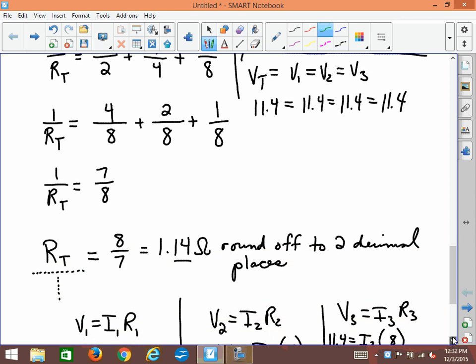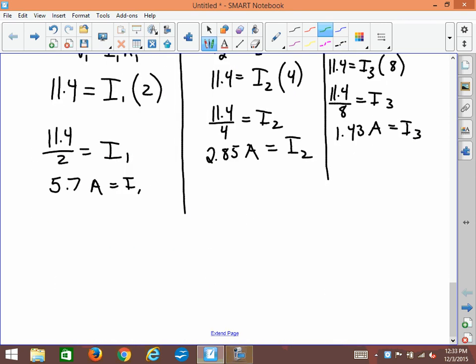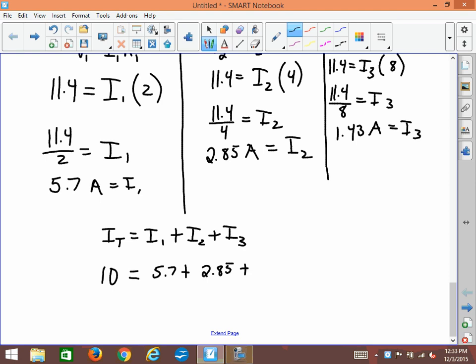Kirchhoff's law says the total current should be the sum of the three currents, and we know that it's 10. We have an I1 of 5.7, and then 2.85, and 1.43. If you add those up, 5.7, 2.85, and 1.43, you get this number.